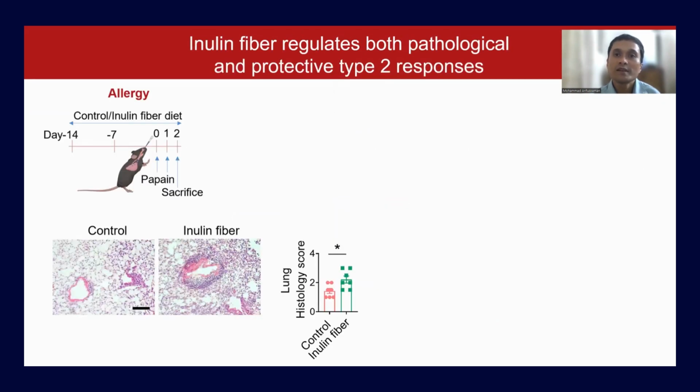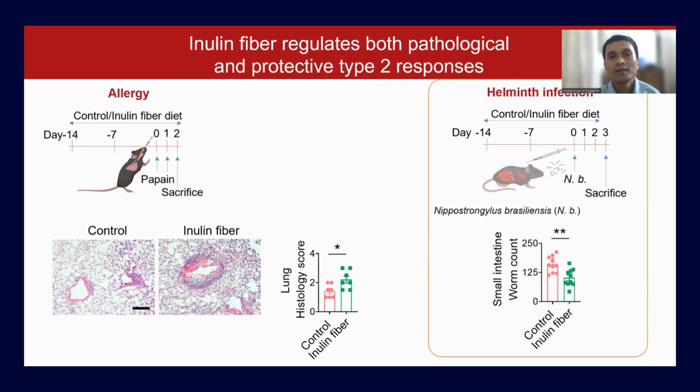So what is the clinical implication? We know that eosinophils are contributing to allergy. So we used an allergy model, and when we gave mice the inulin fiber, we actually observed exacerbated allergy symptoms.